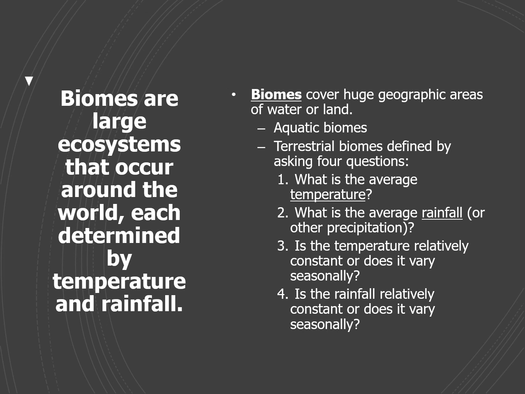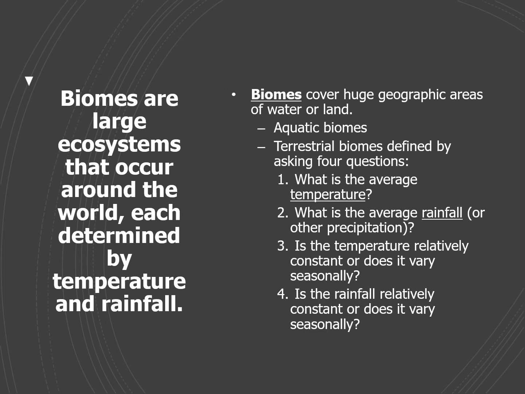And typically the terrestrial are going to be defined by temperature and precipitation. So how much rainfall or snowfall is going to occur. Aquatic biomes are going to be classified by salinity and temperature and flow and a few other things.